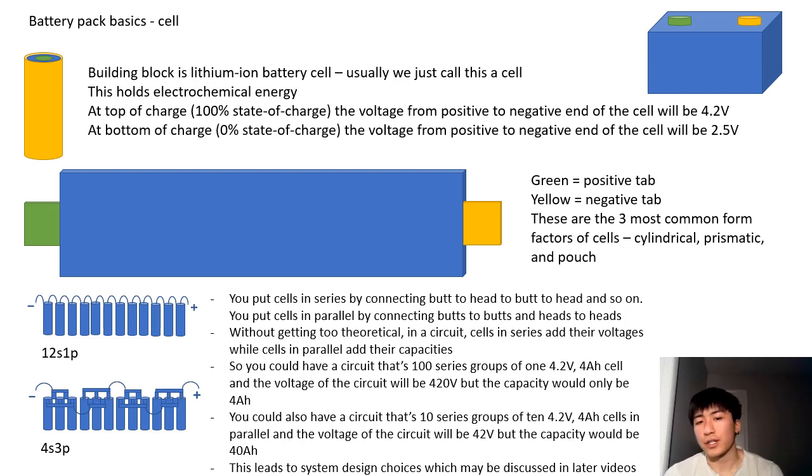Or you can have a circuit that's 10 series groups of 10 4.2 volt 4 amp hour cells in parallel. So you still have 100 cells, but now the voltage of your circuit is only 42 volts because it's 10 series times 4.2 volts. But the capacity would be 4 amp hours times 10 cells in parallel, so it would be 40 amp hours. So this leads to certain systems design choices, which I may discuss in later videos.